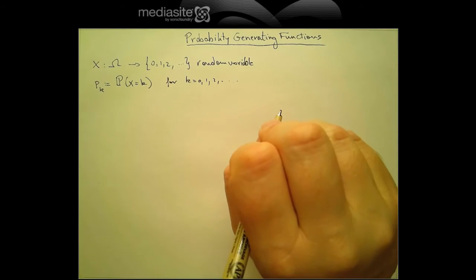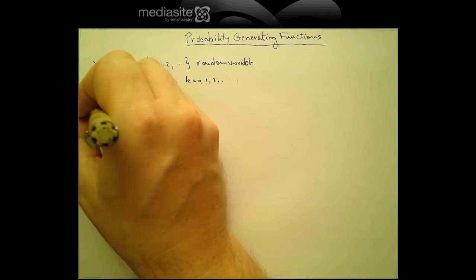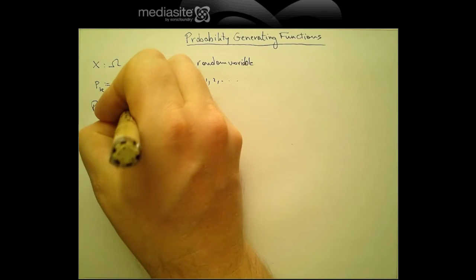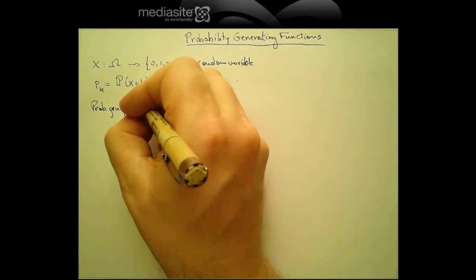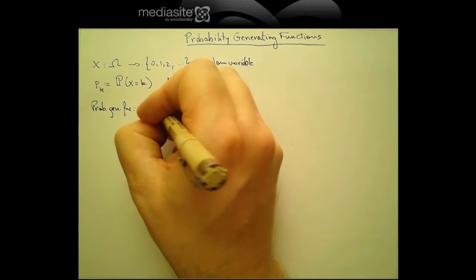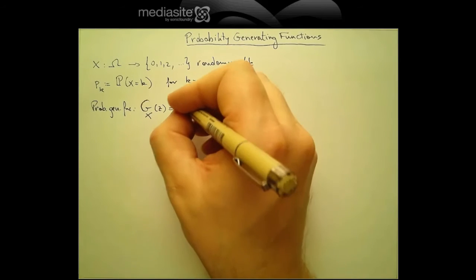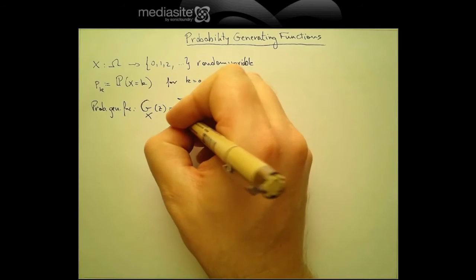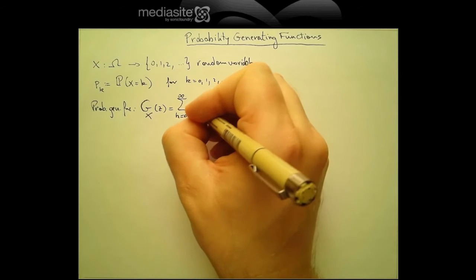And then the probability generating function, which I'm going to call g sub X, and I like to use the variable z, is the power series associated to the sequence. So k goes from 0 to infinity, p_k z to the k.